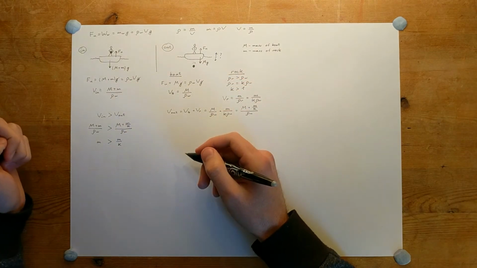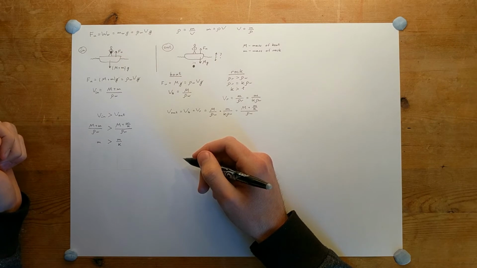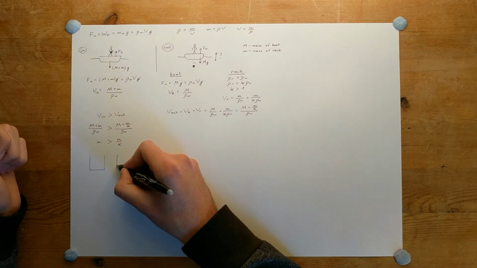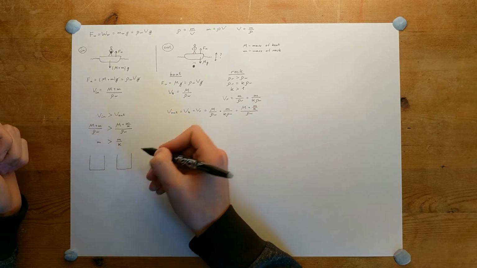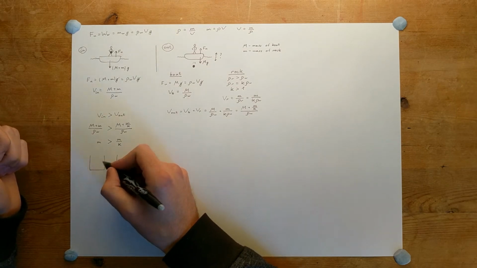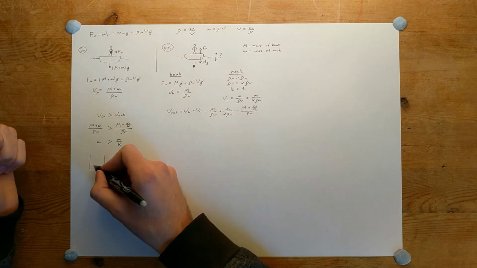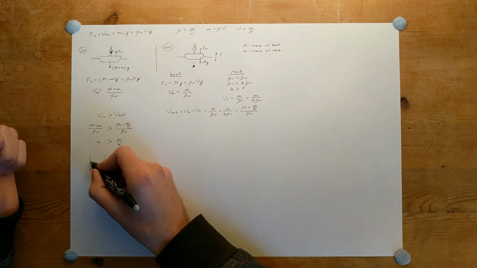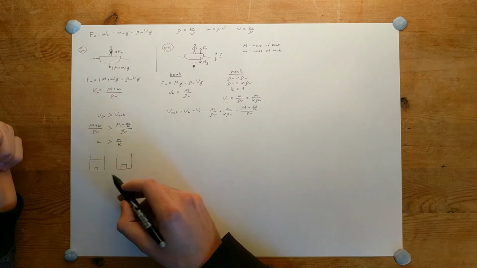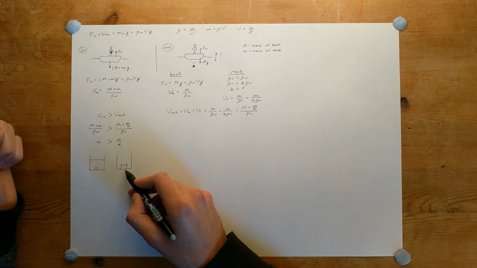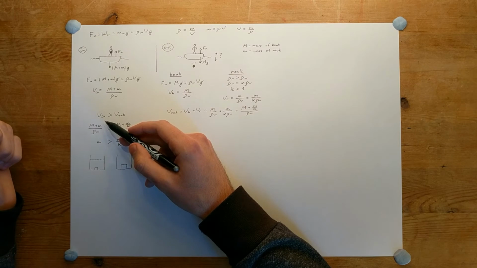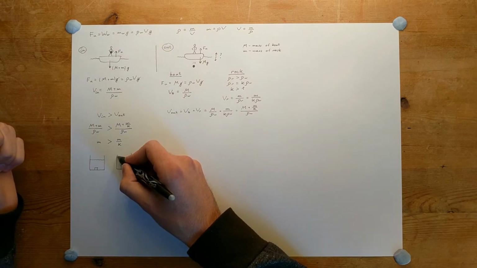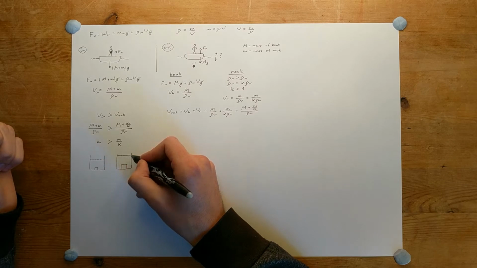But what does it tell us about the level of the water? To make it simple, let's say that we have two beakers with the same amount of water, and we place two different objects there. Clearly this object displaces more water, so the volume displaced by this object is larger, and therefore the level of water will go up.